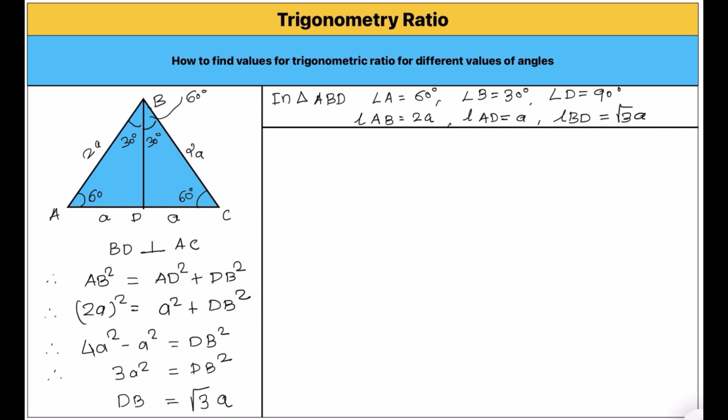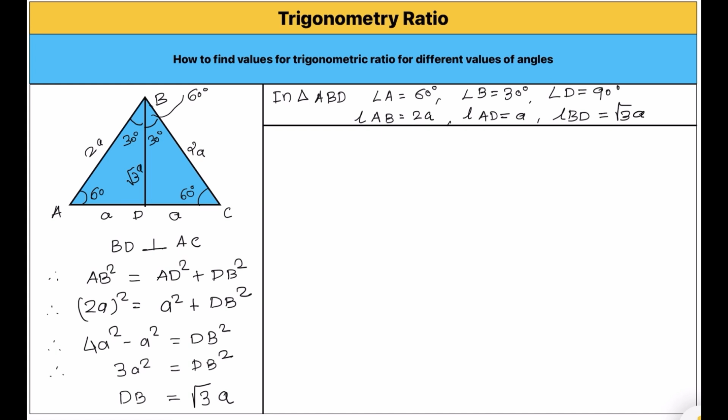We have all the three sides of right angle triangle, and we have angles also 30, 60, 90. So we can apply trigonometric ratios to this triangle ABD. If you don't know about trigonometric ratios, first watch our videos on trigonometric ratios. Learn basics about how to find out the trigonometric ratios, and then come back and see this video.